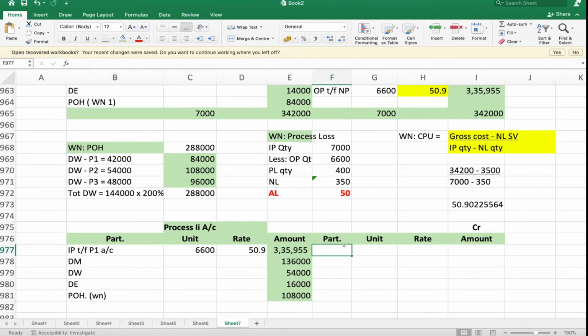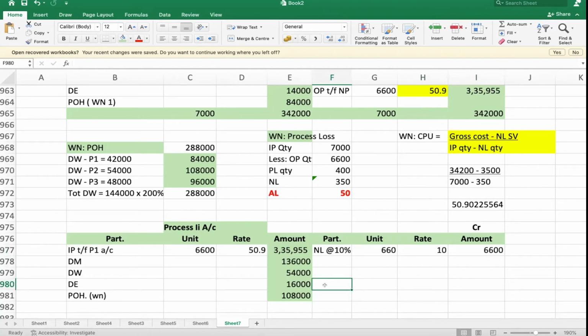By normal loss, at the rate of what percentage? 10% on input. 10% comes to 660 units. Salvage value, scrap value: 10 per unit only. Therefore, 6,600.